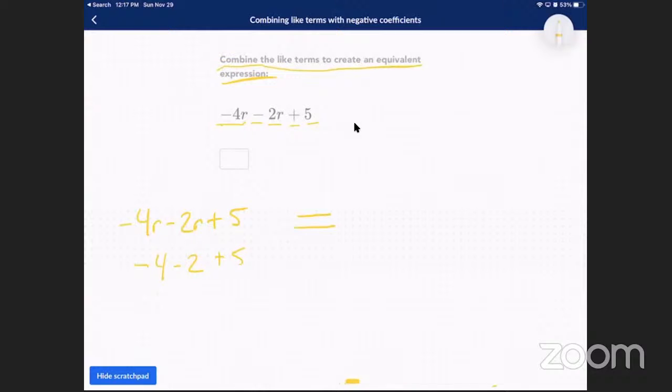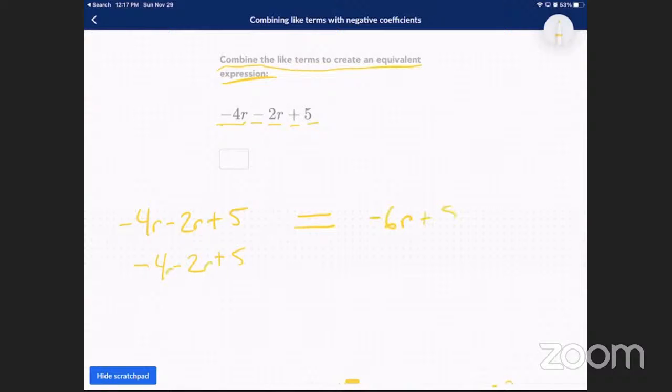Negative 4 minus 2 is like saying you have negative $2 in your bank account and you want to buy something for negative $4, and that is pretty much like saying negative 4 minus 2, which would be negative 6. Like you don't have it in your bank account, remember? So we would get negative 6r, where we put the r back now.